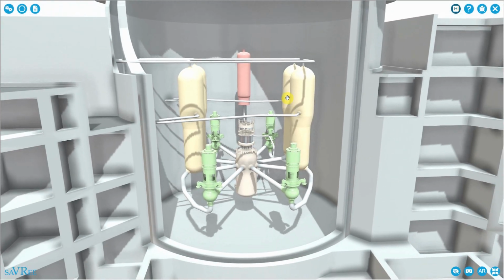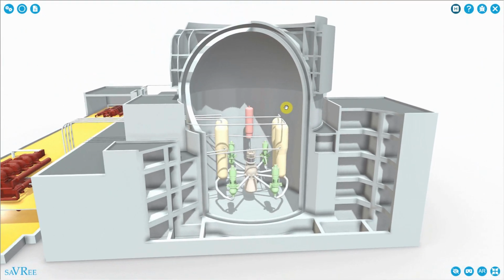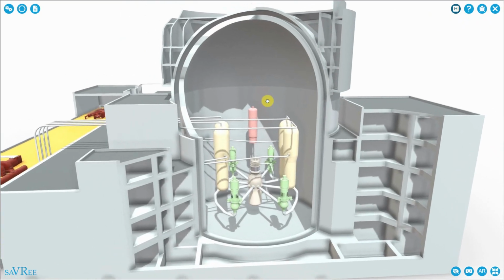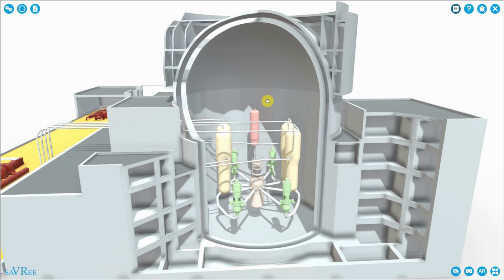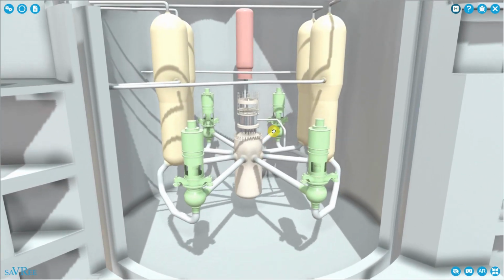Let's have a look at some of the parts that make up a PWR power station. We've got this dome-shaped building. This is our containment building. If we have radioactive leaks, we want all of the radiation, all of the radioactive material to stay within this dome, within this sealed space.